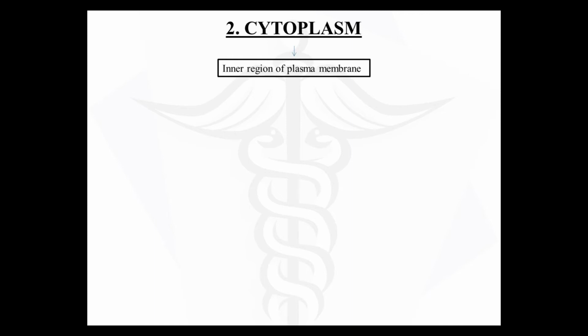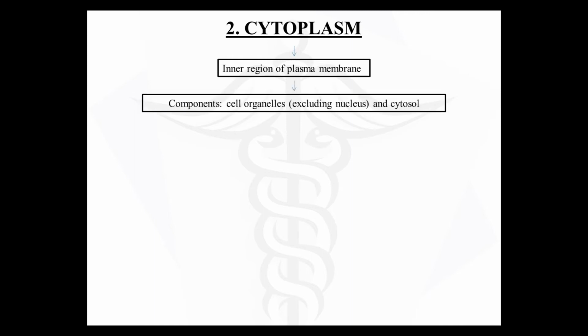The next structure of the cell is cytoplasm. The inner region of the plasma membrane is known as cytoplasm. It contains two major components, that is, cytosol and cell organelles, excluding the nucleus. Cytoplasm is filled with an intracellular semi-transparent liquid called cytosol, which makes up about 55% of the total volume of the cell.